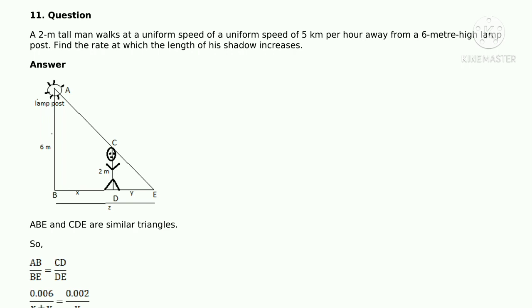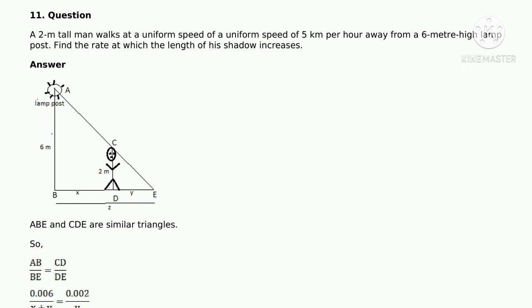Now if you see here, ABE is a triangle as well as CDE is another triangle. In these two triangles, angle E is common in ABE and CDE, and angle B and angle D are both 90 degrees.